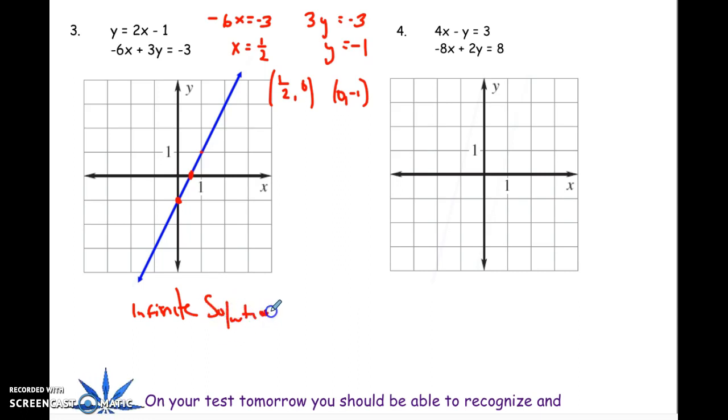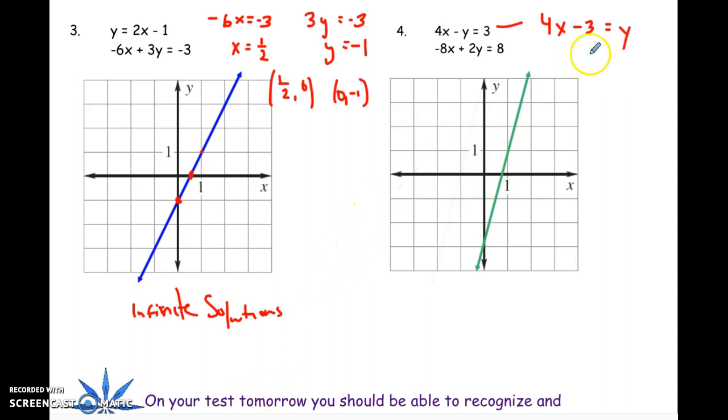Okay. Now, over here, if I look at this first equation, I would have 4x minus 3 equals y. So I would start at the negative 3 and count up 4 over 1.